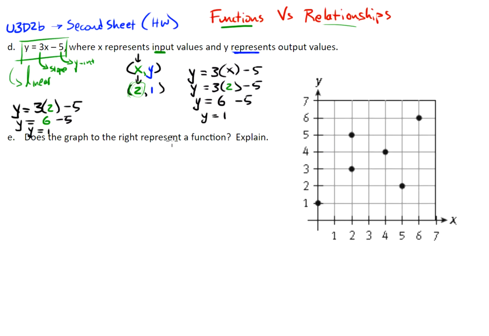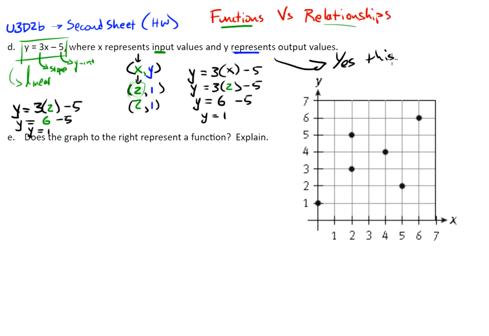That's going to be 1. Wait a minute. This time around, when I put in 2, I still got 1 out. I got the same exact thing. No matter what input I put in, it seems like I'm always going to get the same output. So the answer to this one is going to be yes.